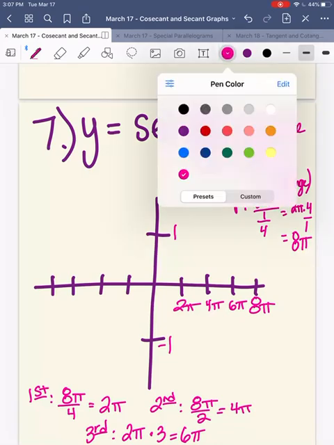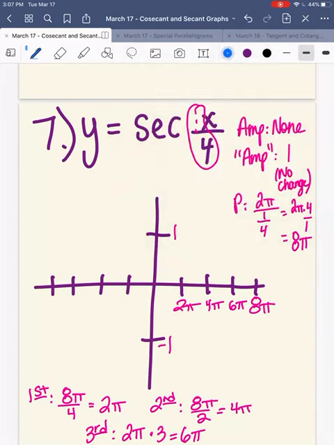So secant, let me get a different color. Secant is the reciprocal, I cannot spell, is that right? That doesn't look right. Reciprocal, yeah, I guess it is. Okay, reciprocal of, if we have an S, we need a C, so it's the reciprocal of cosine. Cosine starts up.